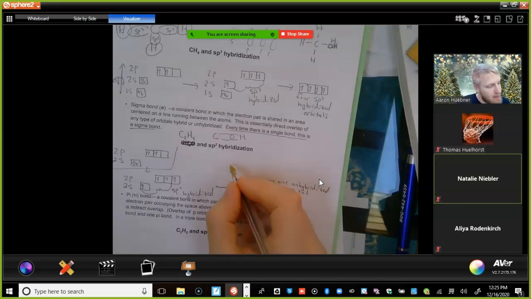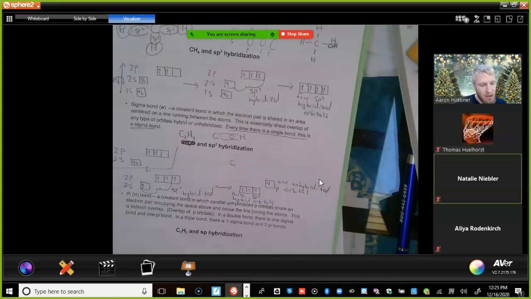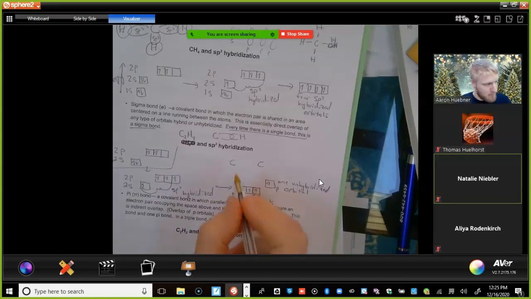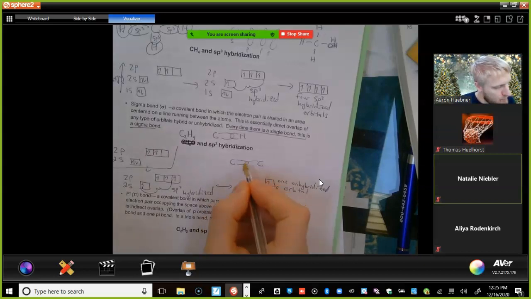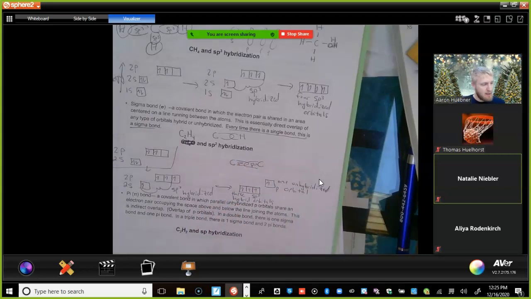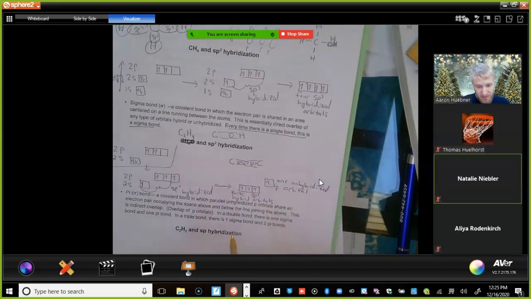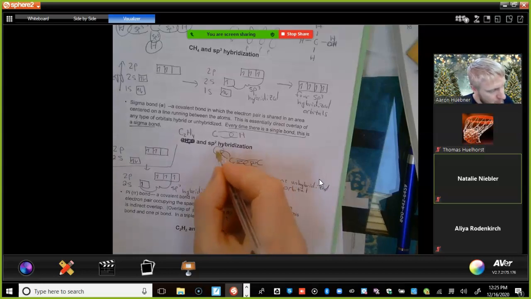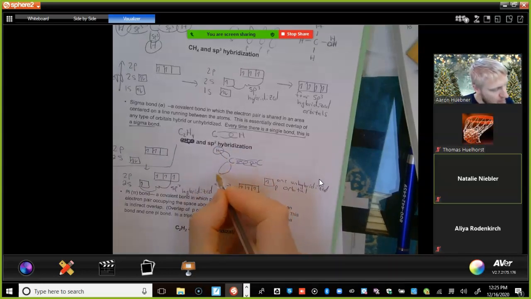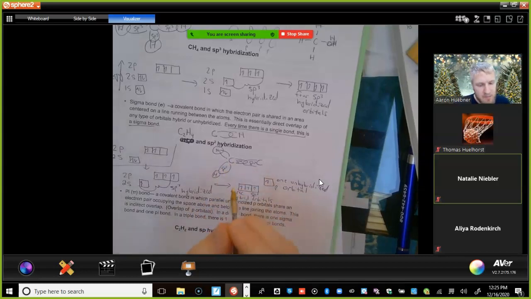So when we're making our little shape, we've got carbon and carbon. We got sp2, sp2. We got two p orbitals meshing with one s orbital. We got H. We got H. Here's an sp2.